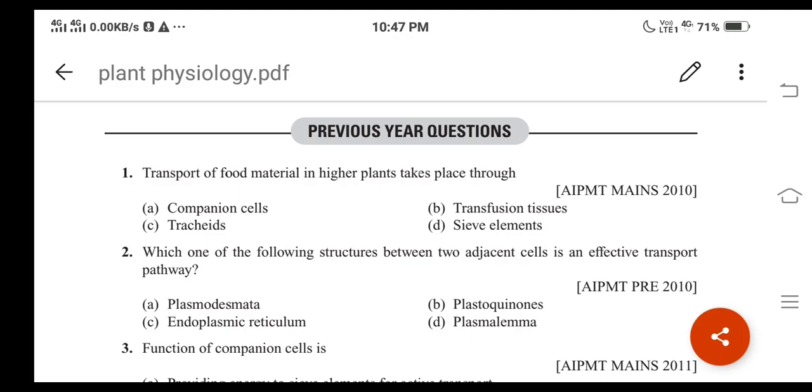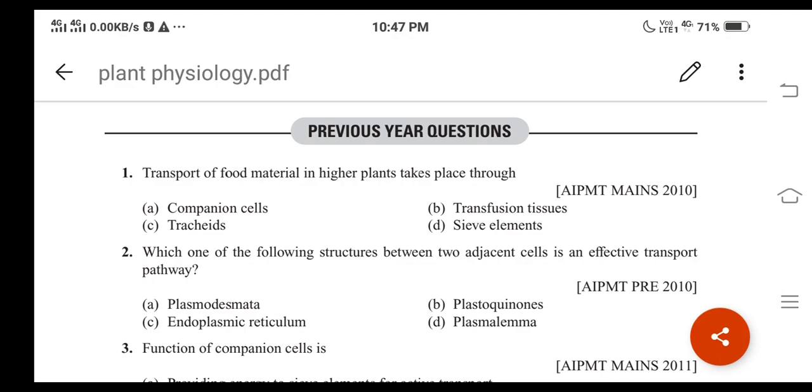Not the companion cells, because companion cells are specialized parenchyma cells associated with the phloem, or associated with the sieve tube cells. Tracheids are not involved in food conduction, but in water conduction.